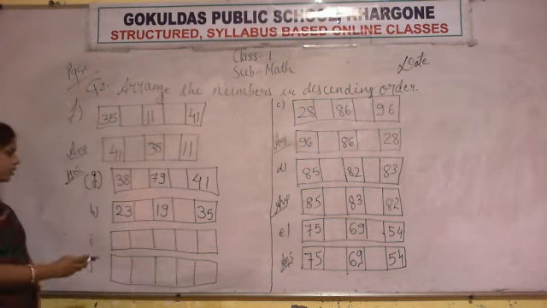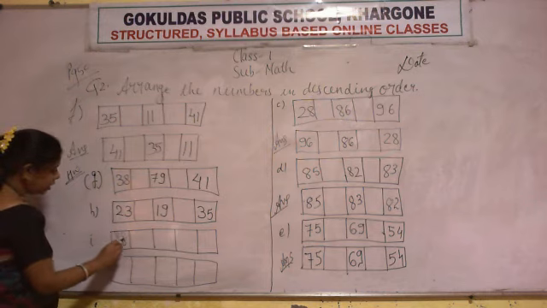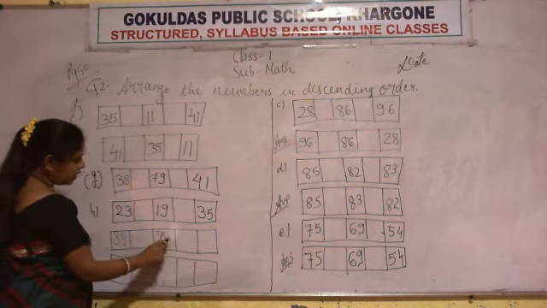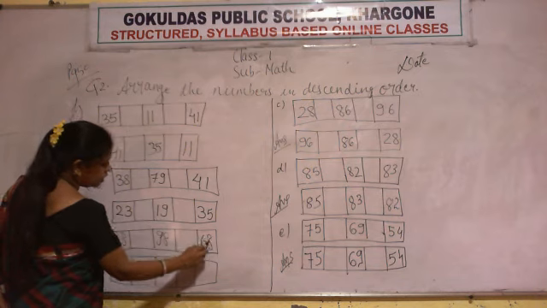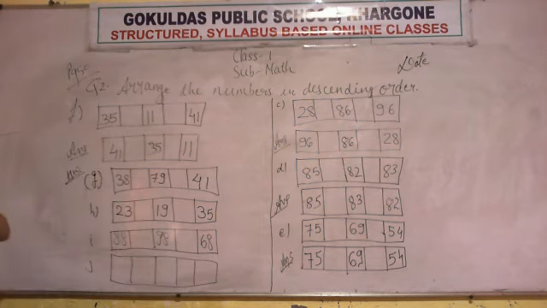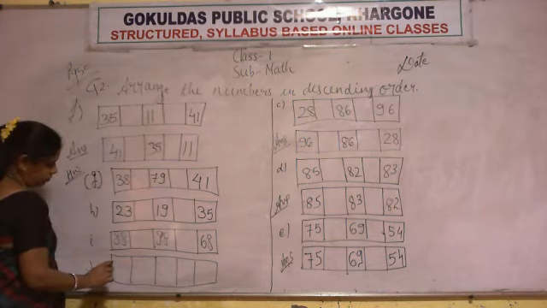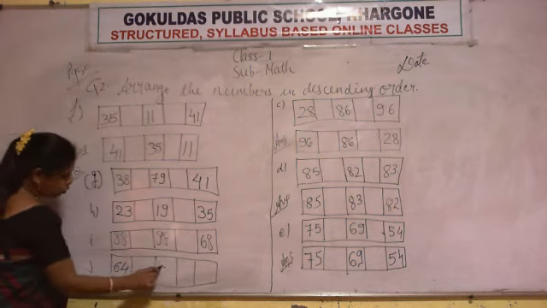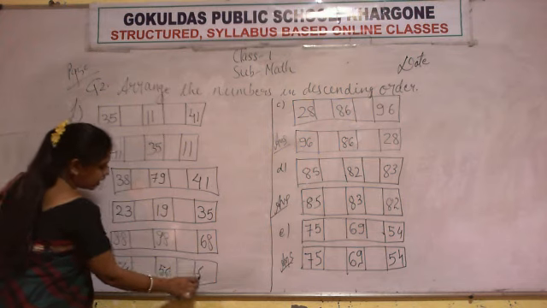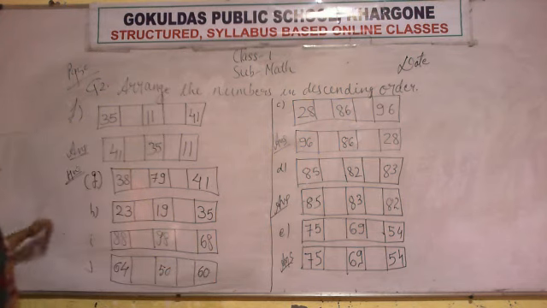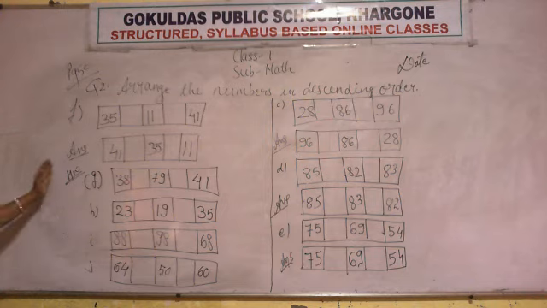Now the next question, 88, 98 and 68. Now the last question, 64, 50 and 60. Okay, so I have written here 4 questions, and these 4 questions are homework for you.